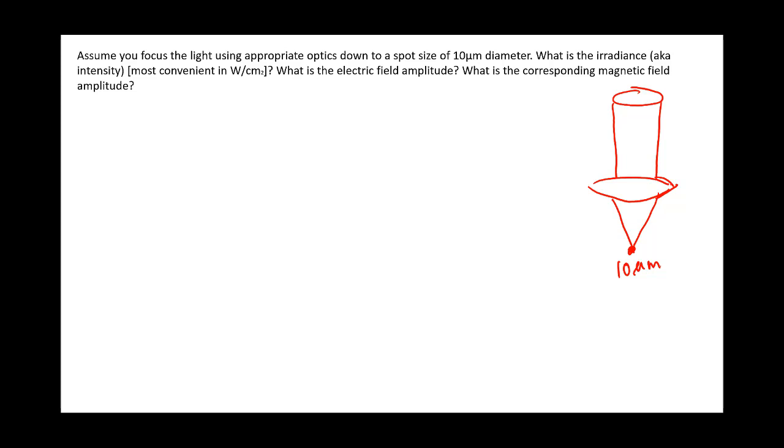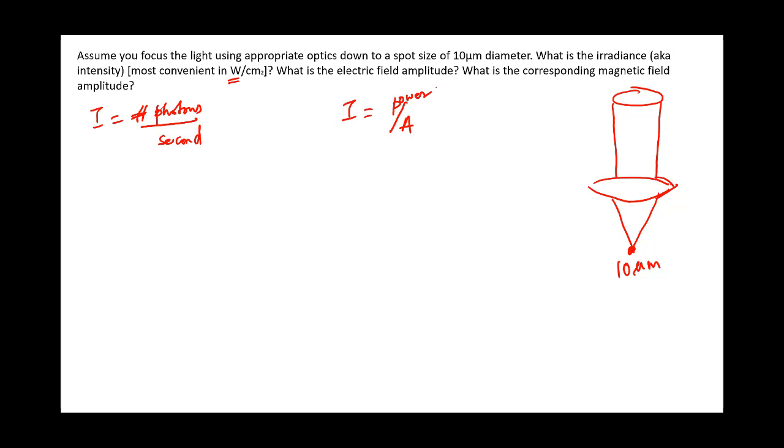Now we have to look at irradiance or intensity. We looked at intensity in the previous problem as number of photons per second, but you can also look at it from a power point of view. You can look at it as power per unit area.